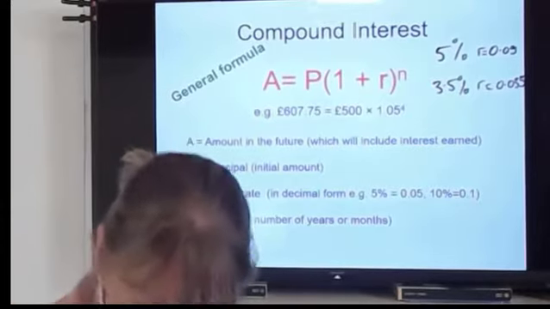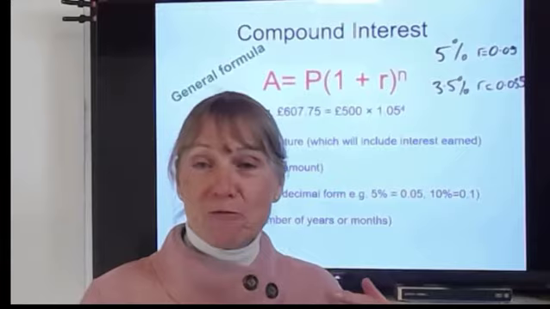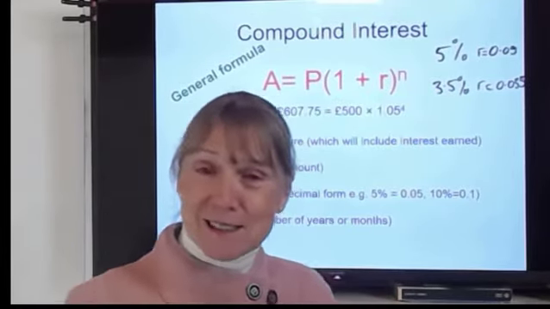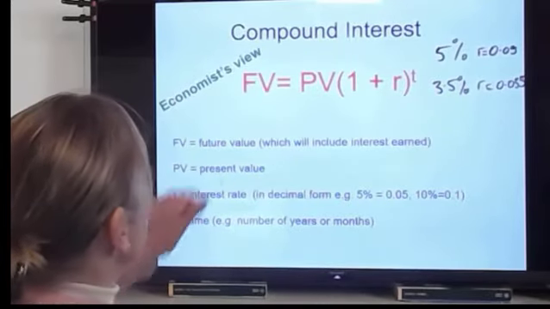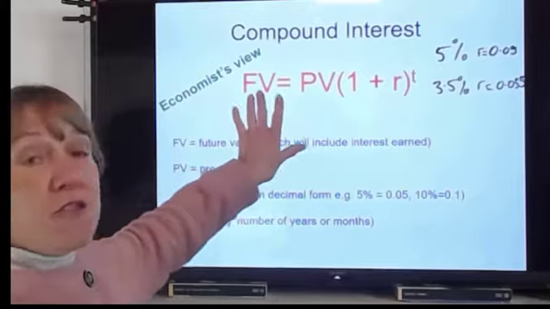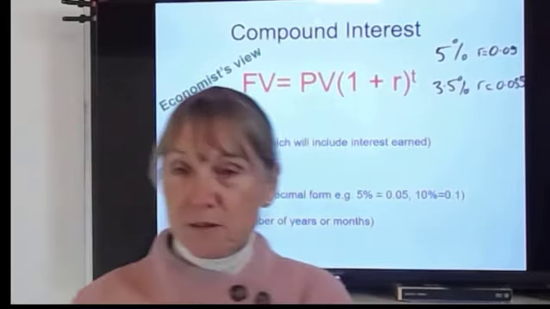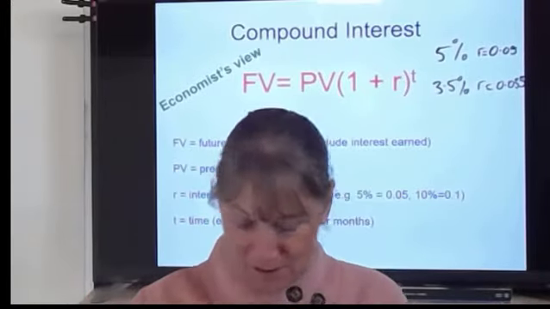So the big equation, or the big formula. But economists tend to write it just a little differently, just subtly differently, because they can't take anything as other people have them, obviously. And here we are, the economist view. So they're going to be talking about the future value of something is equal to the present value, because economists have to worry about time, as do bankers and accountants.